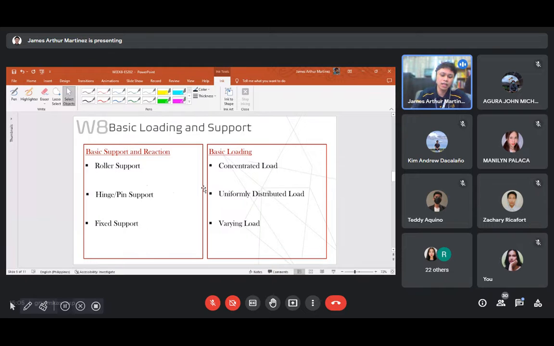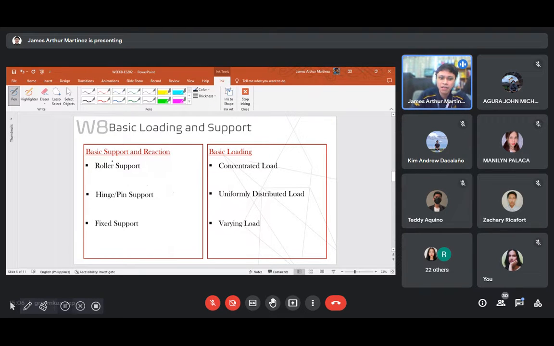So hopefully you will remember this because it will come back when you reach strength of materials and so on. Okay? So if you proceed next semester, if you pass this subject, then you may enroll in Mechanics of Deformable Bodies.